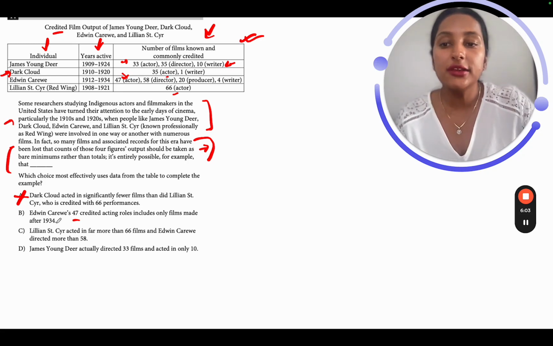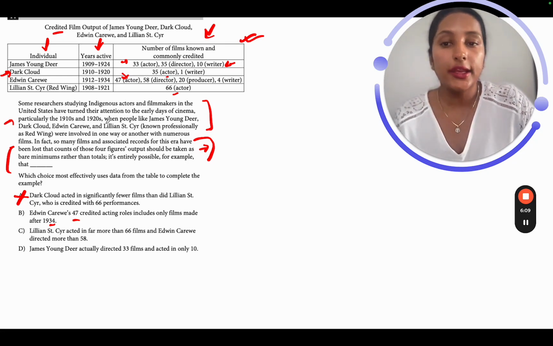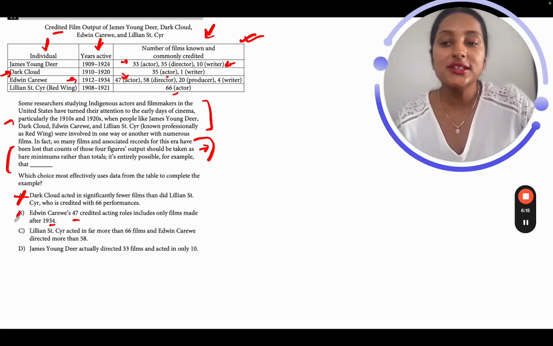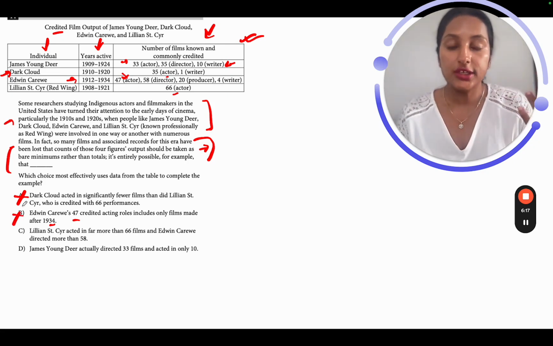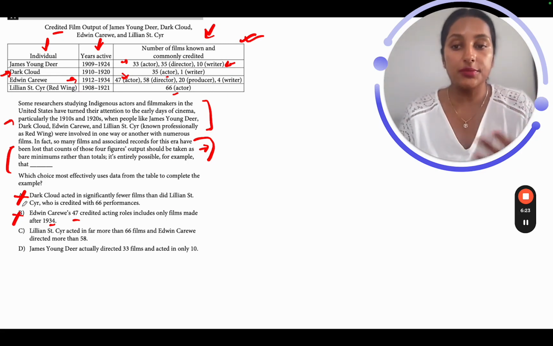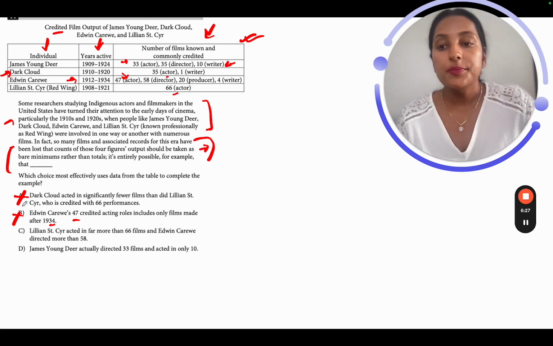And the year, you can give it a little bit of relevance over here because the period that we are talking about is the 1910s and 1920s. Also, the table shows 1912 to 1934. But again, this is not relevant because it's really not giving me anything about the fact that Edwin has worked on or been associated with more than 47 films. I need the more aspect.